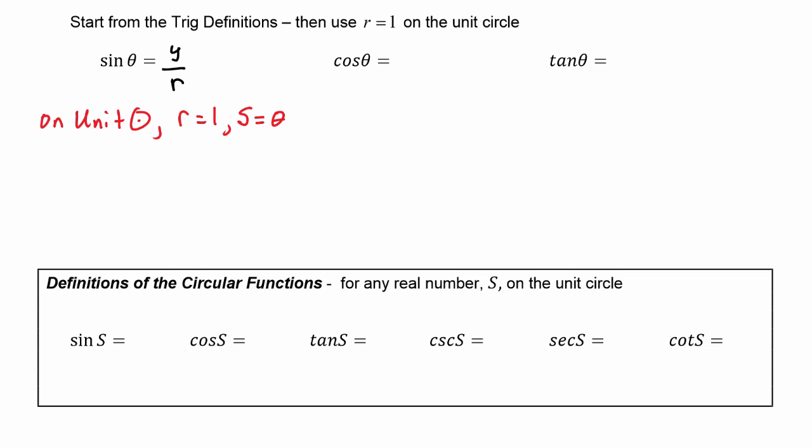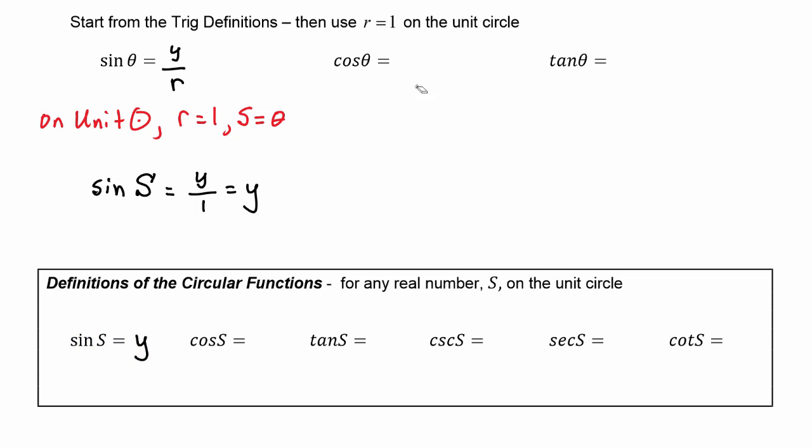Then this definition becomes sine of S is equal to y divided by 1, which means the sine of S is equal to y. So we'll come down here and fill in our definition: the sine of S is equal to y.